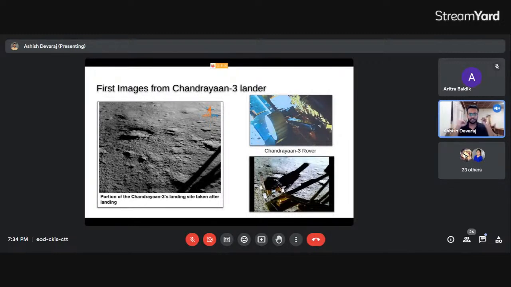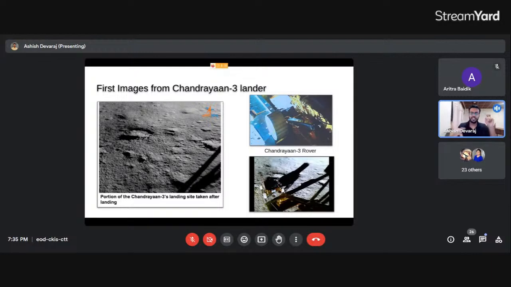The left side is the landing location, and this image was taken from the lander itself. It's actually a very proud moment for India, because nobody has gone to the South Pole yet, right? You are looking at the actual images coming from the remote region of the moon, through our instruments, which is very inspiring for me as well, a motivation to do new work and use all the data which is coming in.